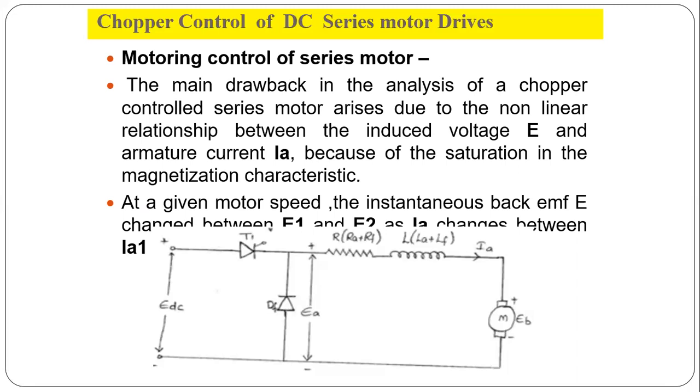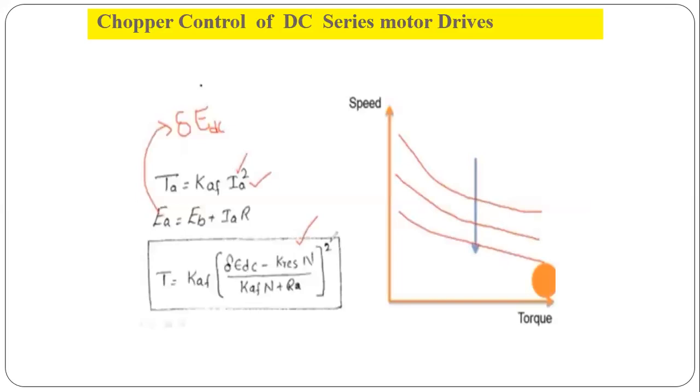At a given motor speed, the instantaneous back EMF E changes between E1 and E2 as I_A changes between I_A1 and I_A2. In this circuit diagram, we have connected the chopper, using a thyristor and also a freewheeling diode. Resistances R_A and R_F are the armature and field winding resistances.